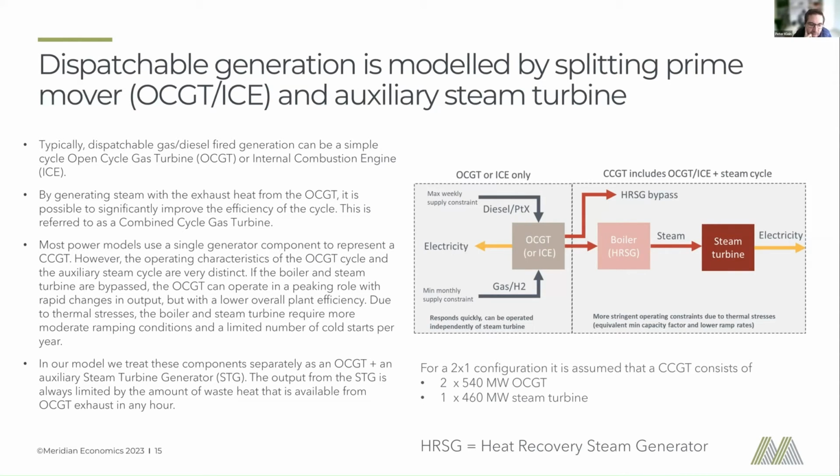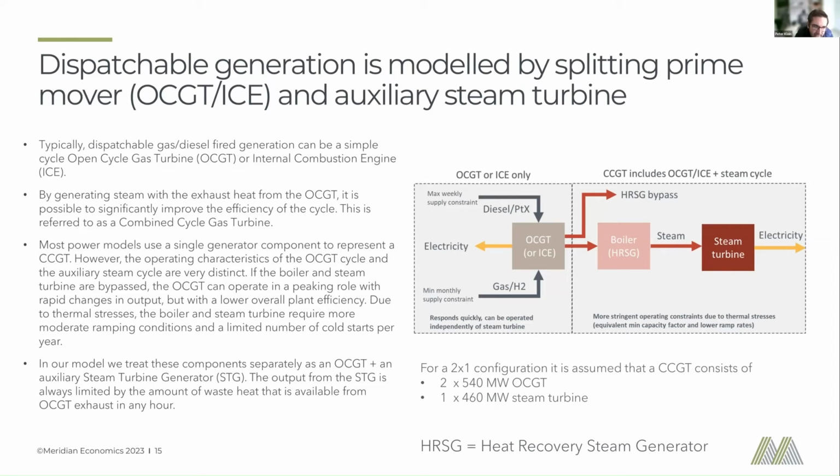And there's still quite a bit of work to be done in understanding if this is a technical way that the HRSGs can be operated, because there's a limited number of cold and warm starts that can be done on the HRSG every year.